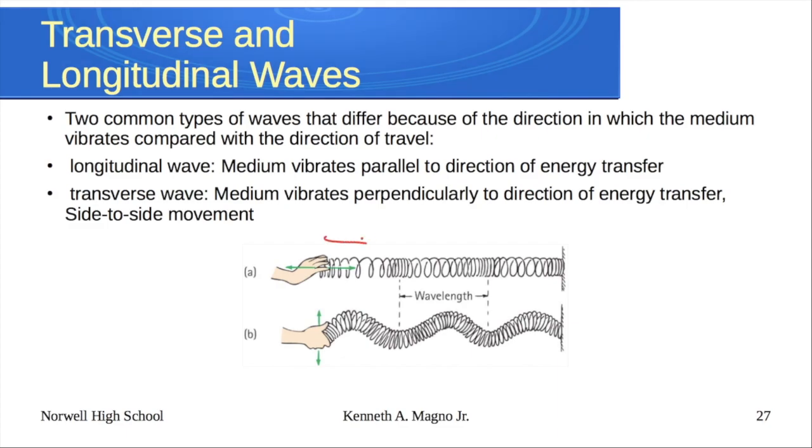So in this case, the energy is this way, and the actual medium is this way. Whereas with transverse waves, the medium vibrates perpendicular to the energy transfer. So again, here, energy is still this way, but our medium is going up and down.